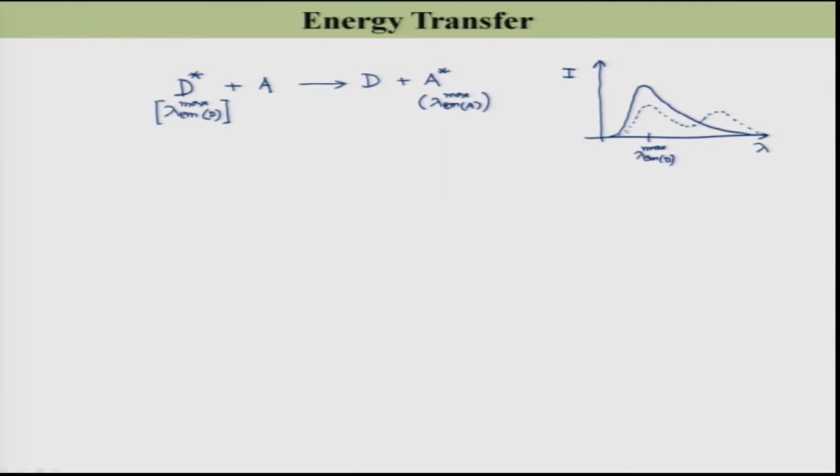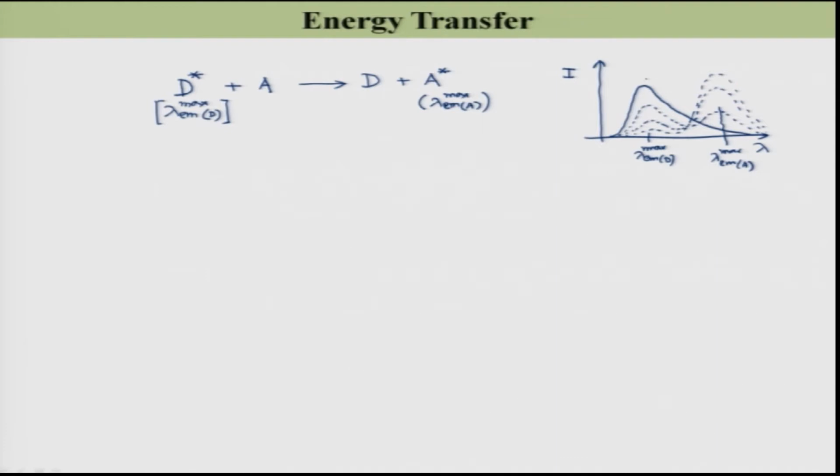If you add more A, then this fluorescence will further decrease, and the new fluorescence intensity will be much more, and if we add further, it will be something like this. So, this new emission maximum is because of the A, not because of the D. So, this is lambda emission maxima of A.